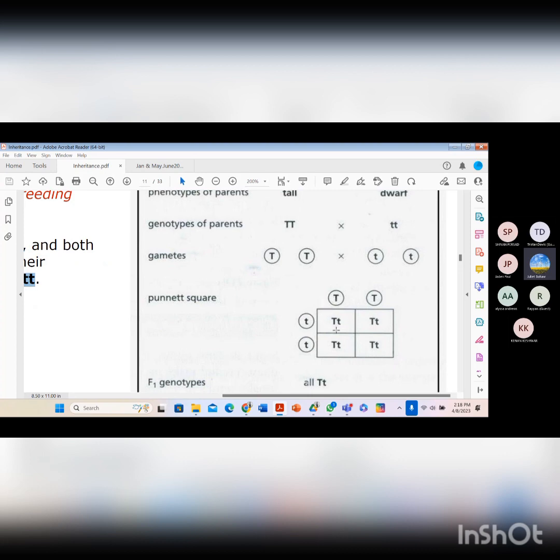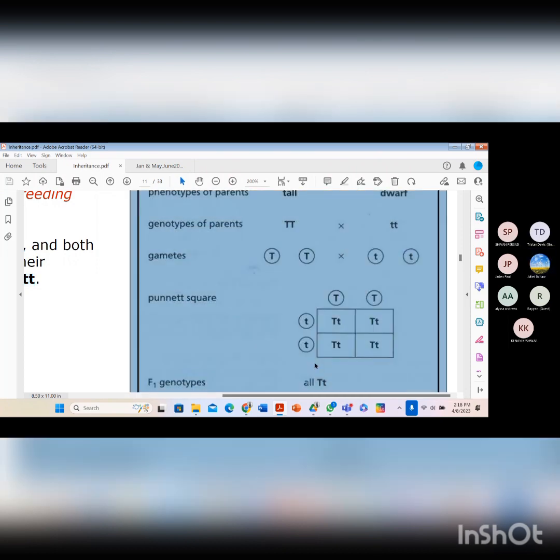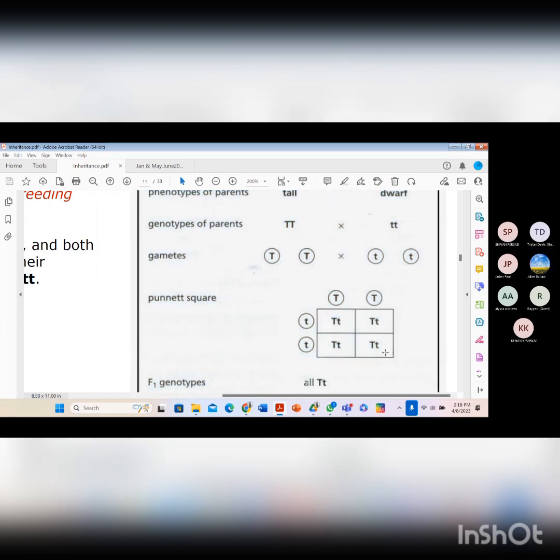So here we are seeing all of the outcomes are capital T, small t. Who can tell me what is the phenotype? What is capital T, small t going to express? Anyone?